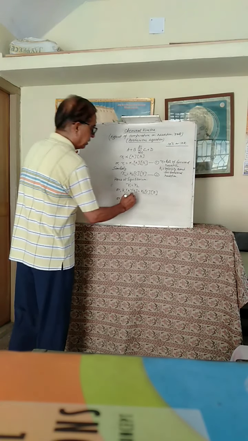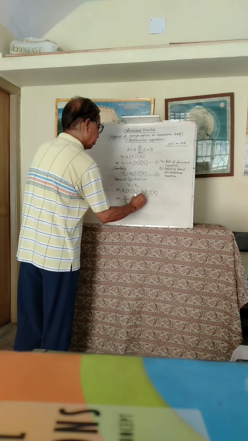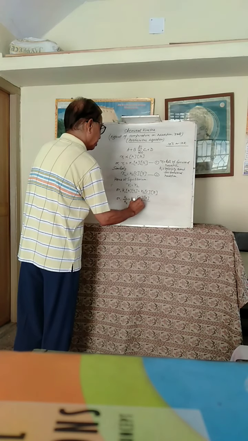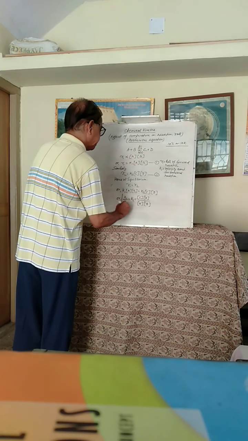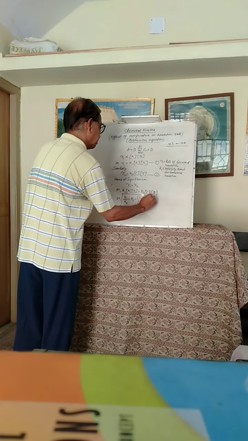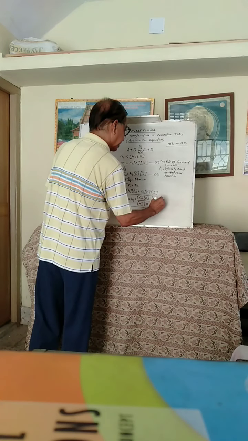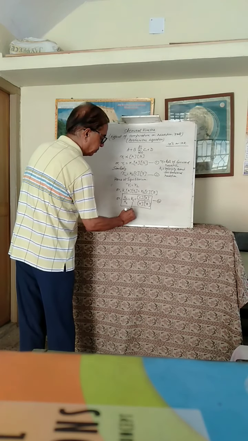This is represented by Kc, which is equal to C into D upon A into B. On the basis of this expression, we can define this Kc, which is the equilibrium constant.